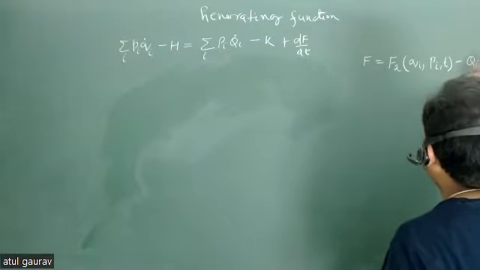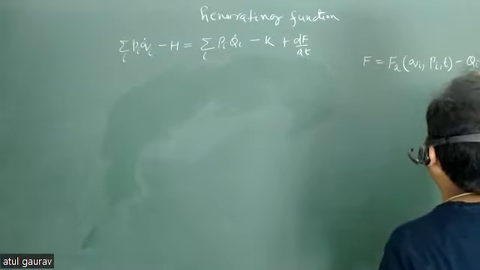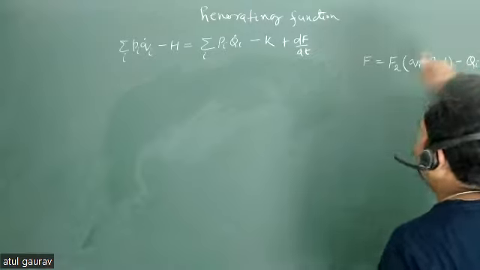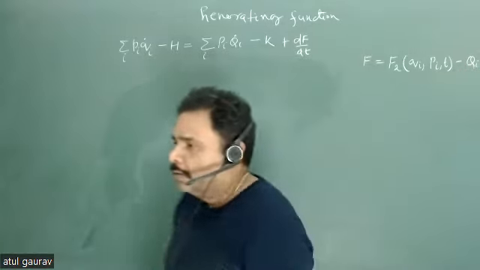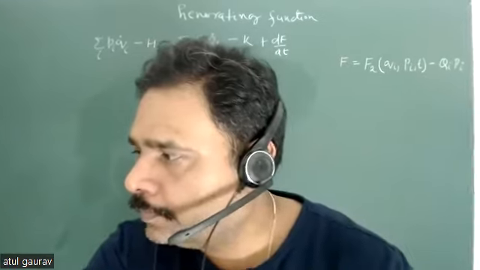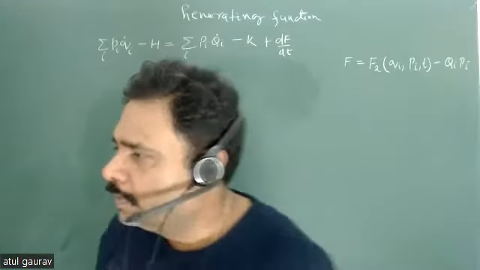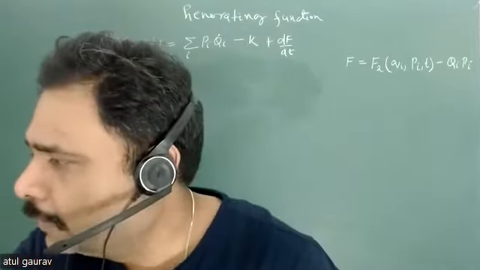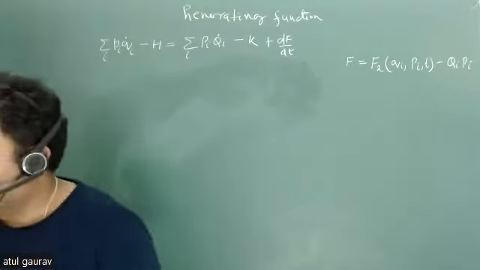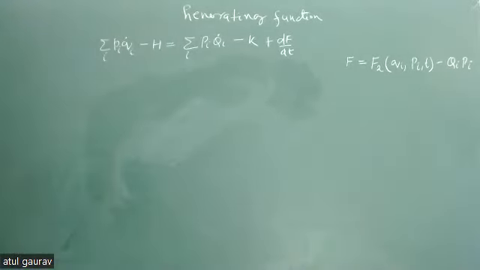Now you might be surprised why we are taking this extra term here, minus Qi Pi. Now I think this is visible to everyone, right? Yes, sir. Okay, so we have to go for minus Qi Pi, and this is due to mathematical compulsion.